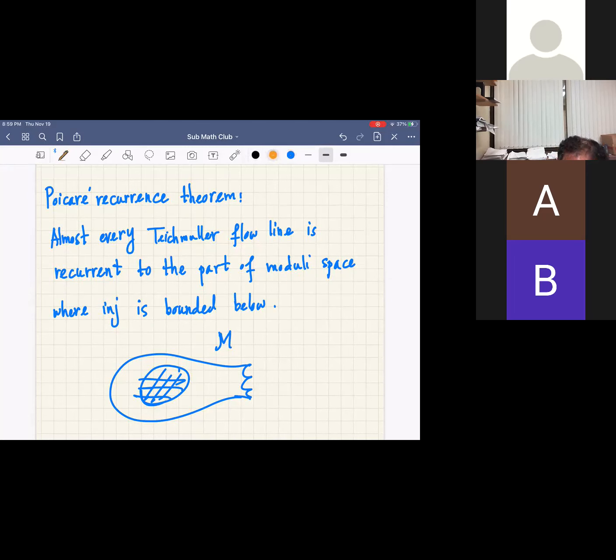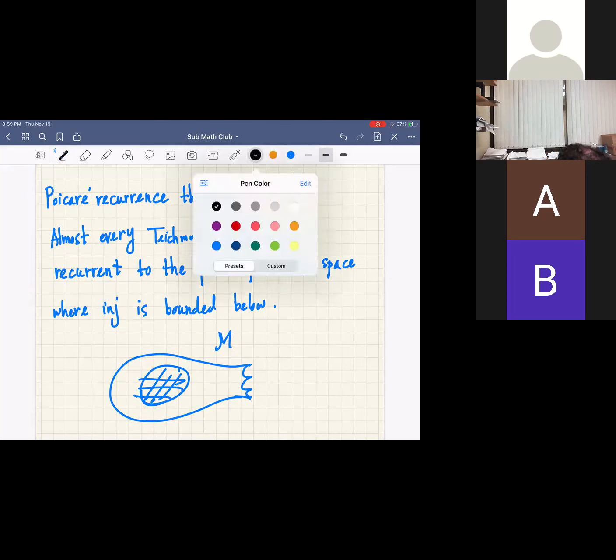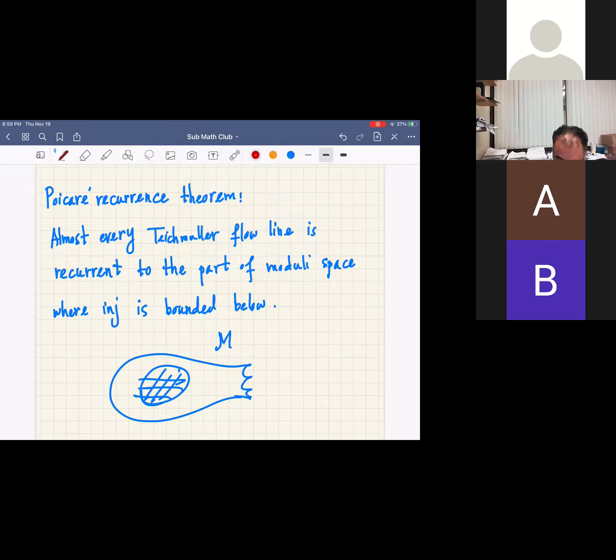Now this recurrence theorem tells us that if I pick any point, say maybe here, the flow line which starts from this point is going to be recurrent to this part, which means that it's going to visit it.